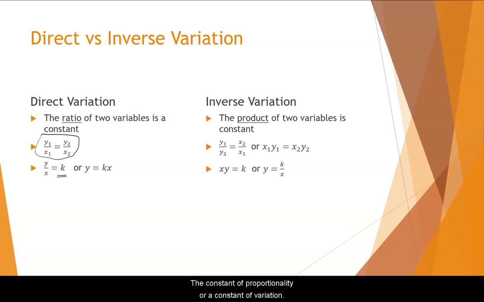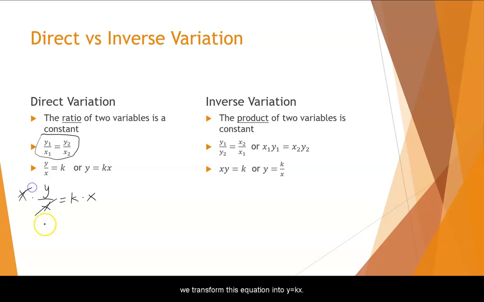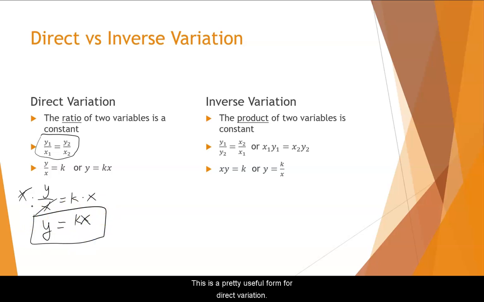It's a constant of proportionality or a constant of variation. If we take y divided by x equals k, and multiply both sides by x, we transform this equation into y equals kx. This is a pretty useful form for direct variation.